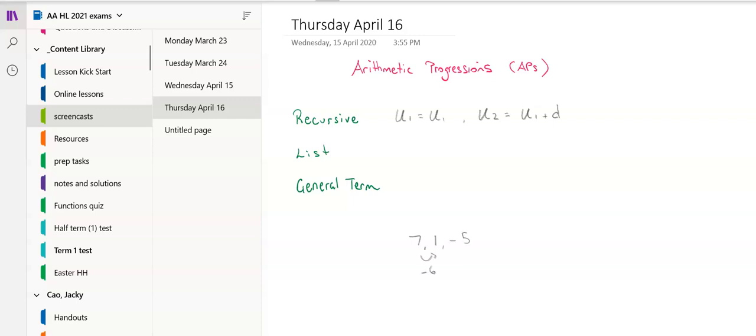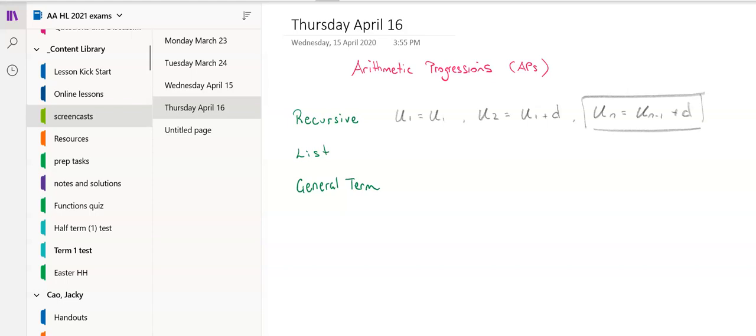In one example D would equal negative 6, and in another D would equal 2, because we're just going up by 2 each time. So if we want the nth term of an arithmetic progression, we just need to know what the (n minus 1)th term is and add D. That's our recursive rule for arithmetic progressions.